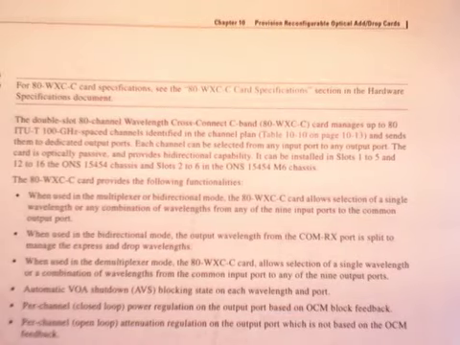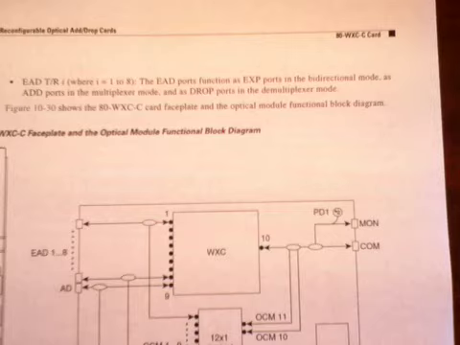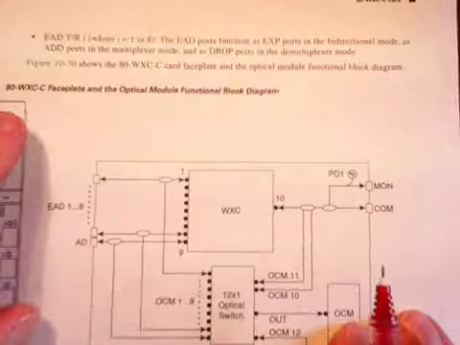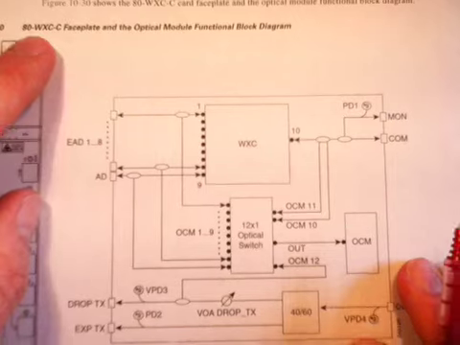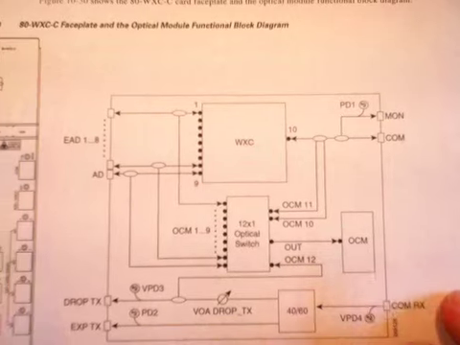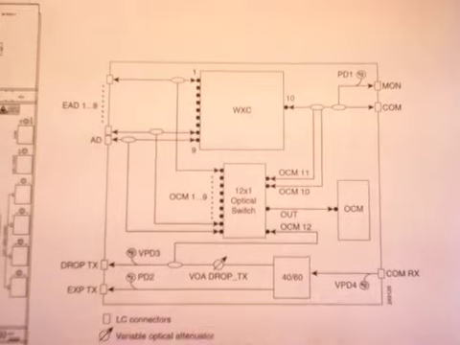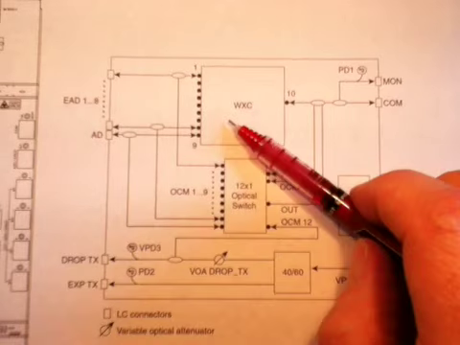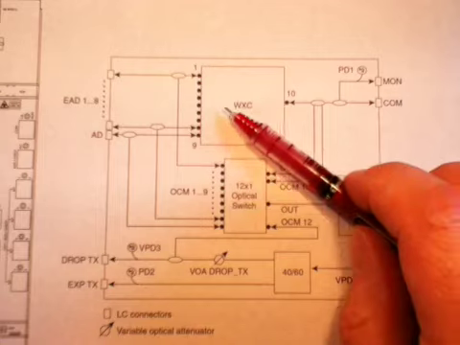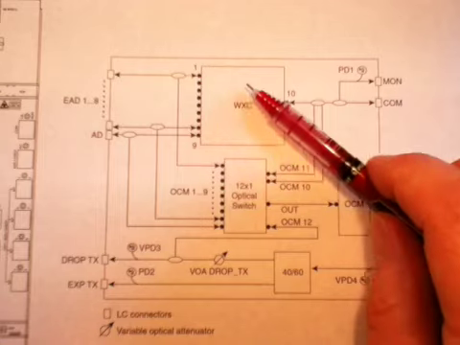Finally, the other one I want to talk about is the WXC. This is the wavelength cross connect, and this is sort of the fanciest version of any of this stuff, where we have essentially an optical switching fabric here that allows us to map any input to any output.